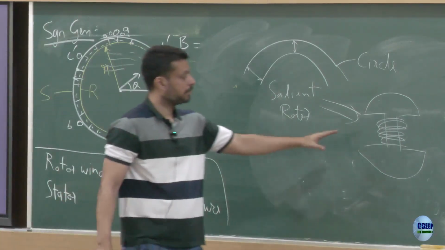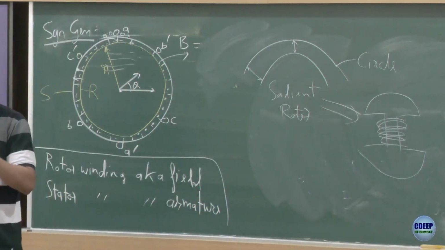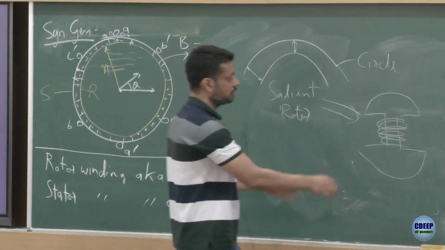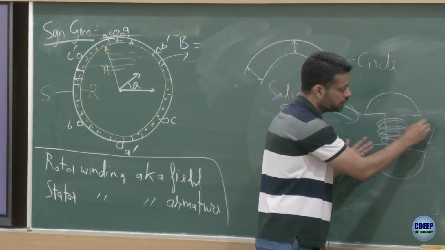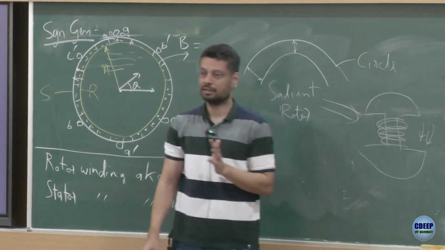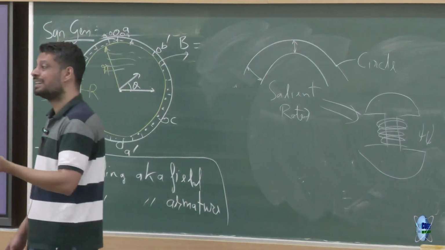Now this guy here, because it's not symmetric, if you try to rotate it really fast, because of the air, it feels more pressure, more drag, correct? If you are rotating it slowly, no problem, but imagine if you want to rotate it really fast.